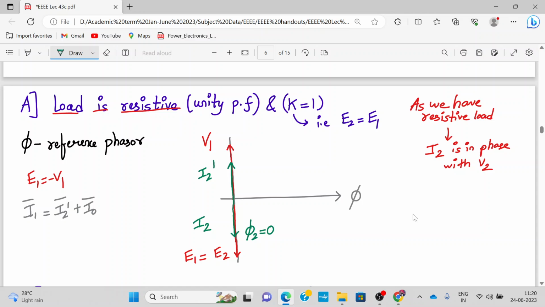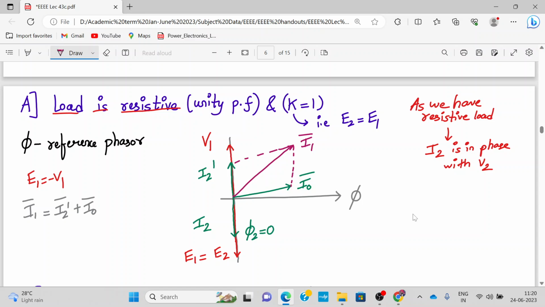Now what about I0 bar? Let's say I0 bar leads the reference phasor phi, like this. So how will I draw I1? I1 is the vector sum of I2 dash and I0 bar. Using the law of parallelogram, it will be somewhere like this. So this is your I1 bar, the primary current.